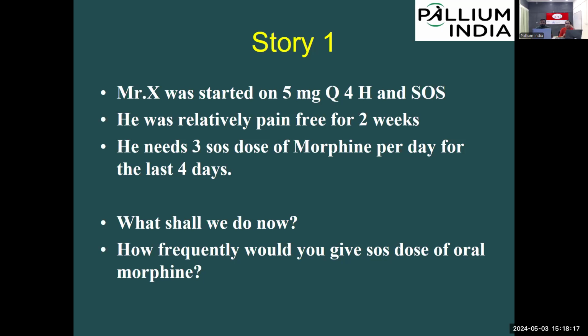How frequently would you give SOS dose of oral morphine? Any idea? Any comments? So the patient was having adequate pain relief, but since last 4 days, he's taking around 3 rescue doses per day of morphine. What do we do?